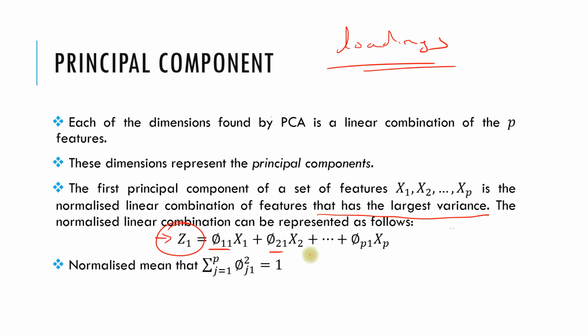That is, we don't want to arbitrarily inflate these phi up to a point that will inflate Z. So we want to impose a certain restriction on them: we want their sum of squares to equal 1. This will prevent us from inflating these phi to a high degree that will also inflate this. So to avoid this arbitrary inflation of your variance, we impose that condition here.